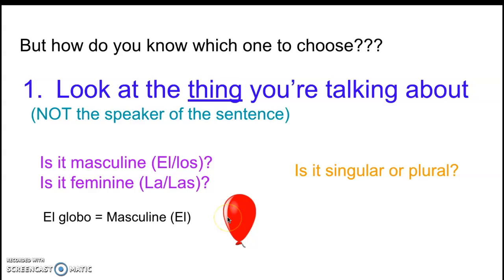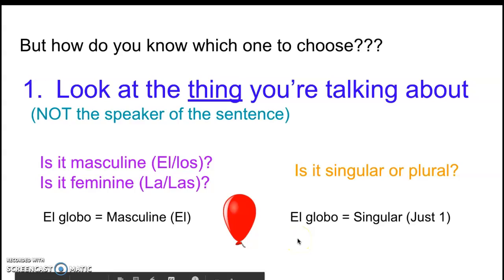So if I look at the balloon, el globo, I know the balloon is masculine because it has el in front of it, and most masculine words in Spanish end in o. And of course, el globo is singular because I have just one. So if I were to refer to the balloon, el globo, I need to know that el globo is masculine and singular.